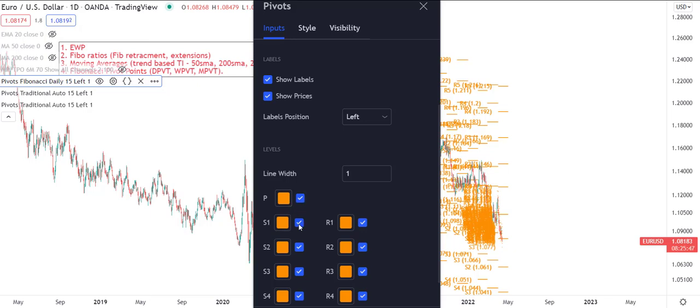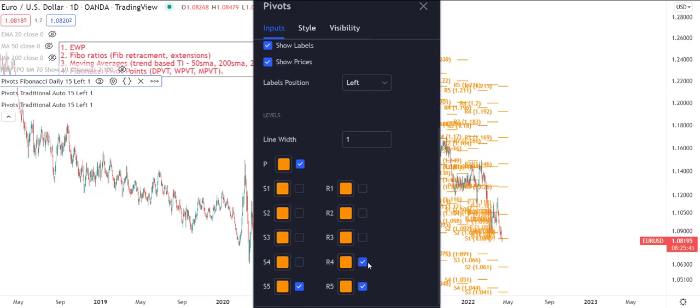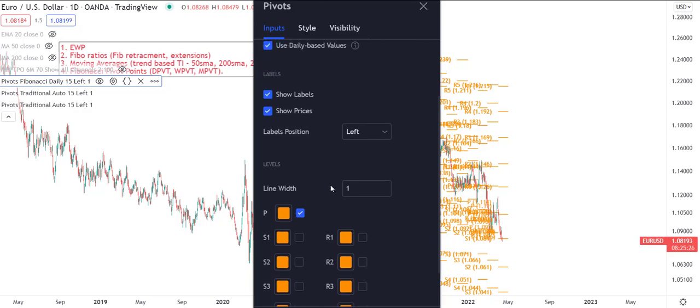Let's leave it as it is, and we will unselect the other support and resistance levels based on the pivot. You can use them later on, but first you need to understand how to trade with the pivot itself. After a few weeks or months, you may advance your strategy. If you're a scalper, you may need this, but not for now.